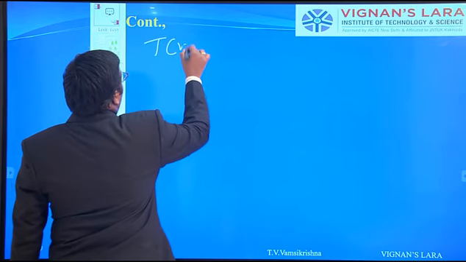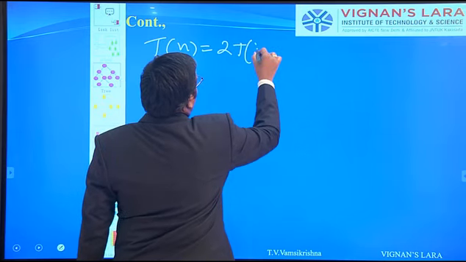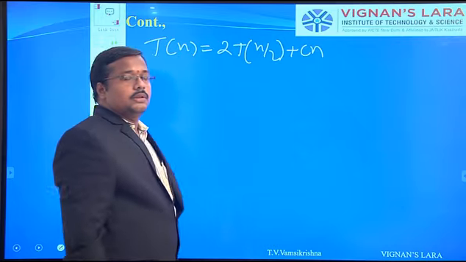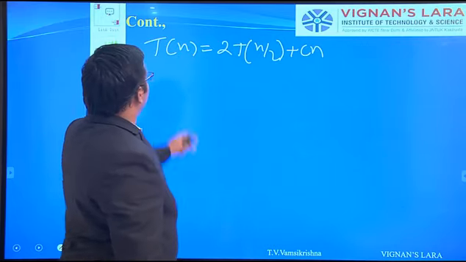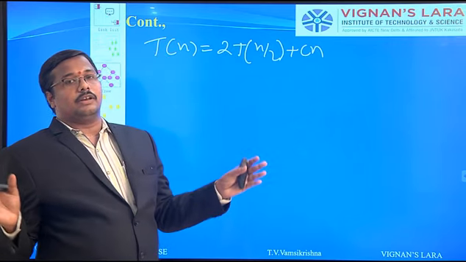T of n is equal to 2 into T of n by 2 plus Cn. What is this equation? Here n means the array has n number of elements.